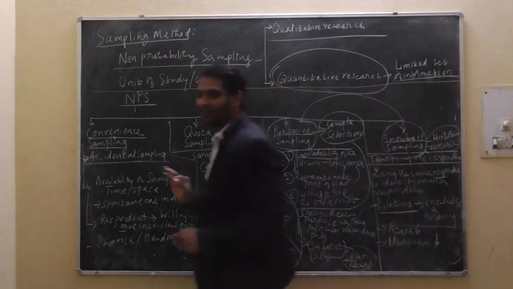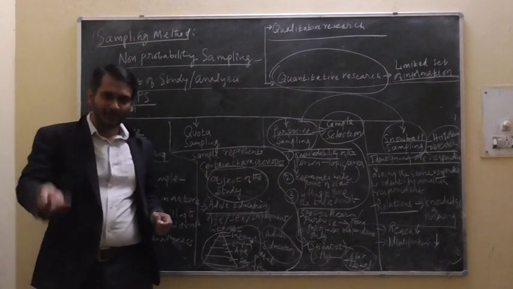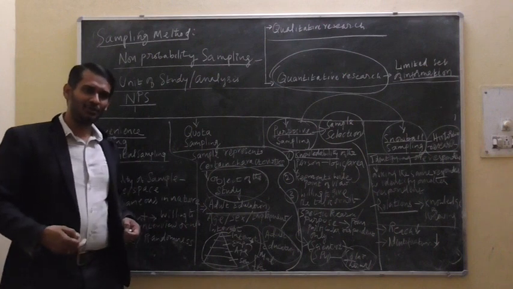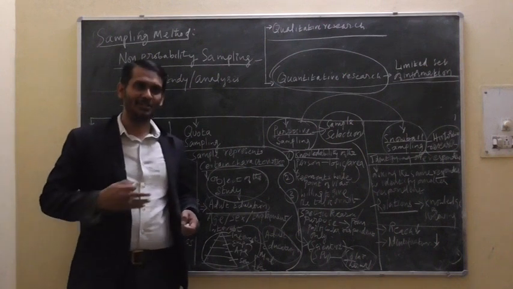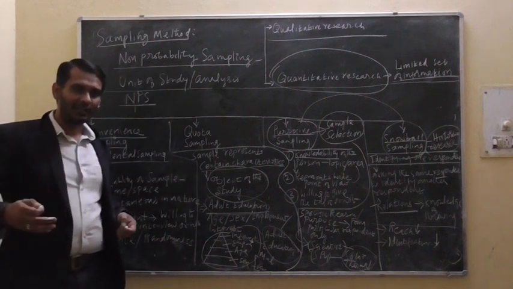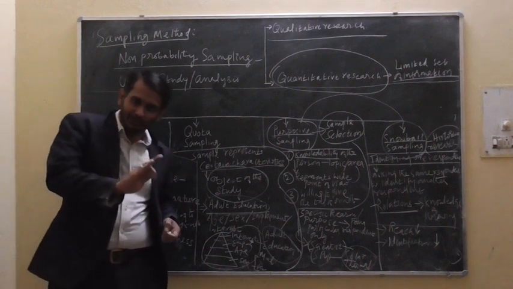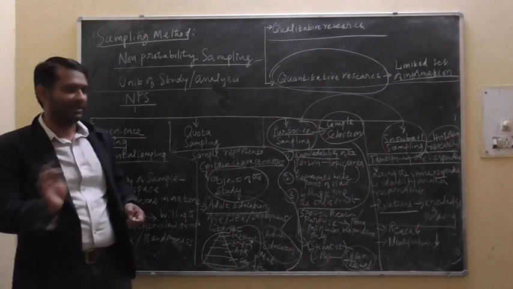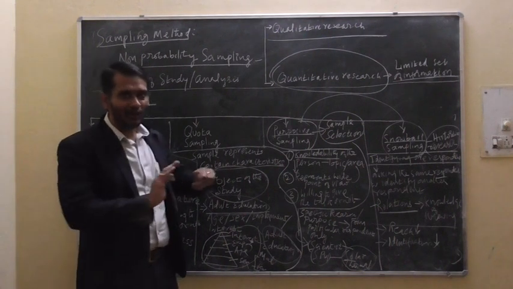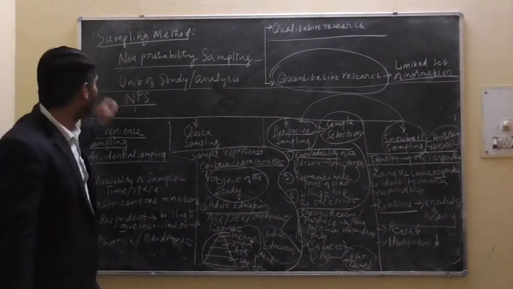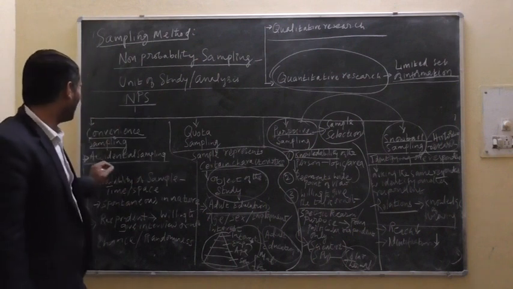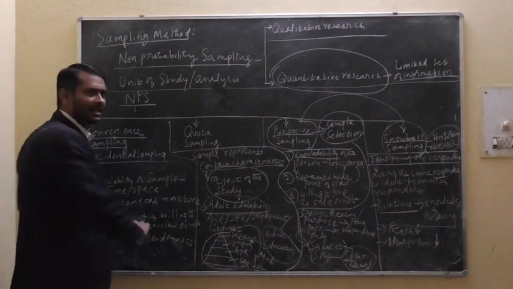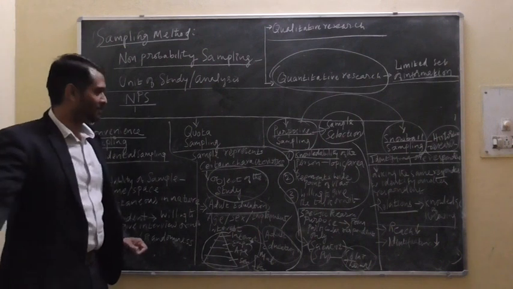You don't need to collect information beforehand, then categorize it, and then look at the probability of which set of populations and which individuals I am supposed to interact with. We are not going to follow all these rigorous methods and procedures. Rather, we directly go to the field and, according to the researcher's convenience, pick up the respondents.